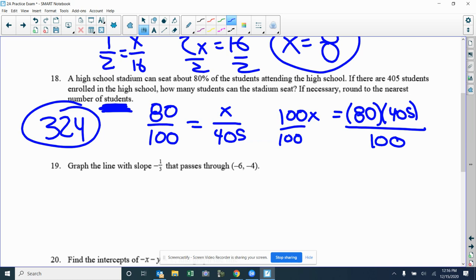Having a little luck with it now? 324, maybe? For questions like that, isn't it like percent over 100? Right. Can you write that? Right here, 80 over 100.